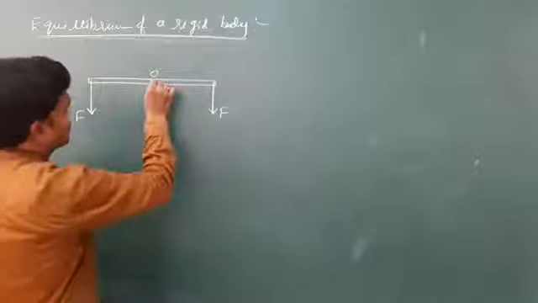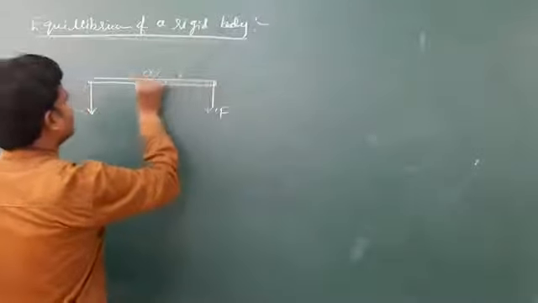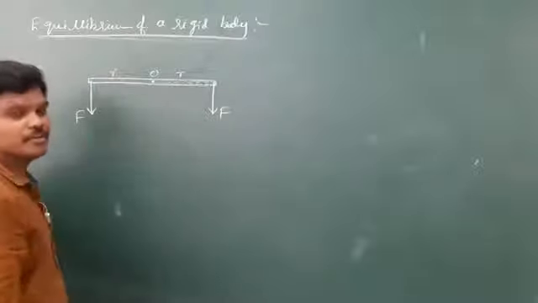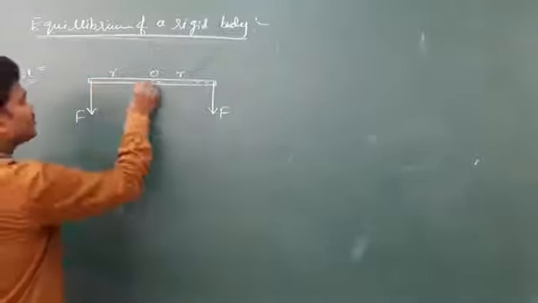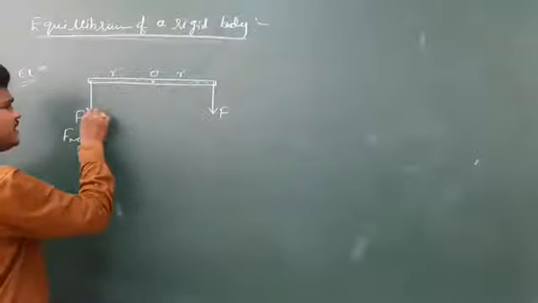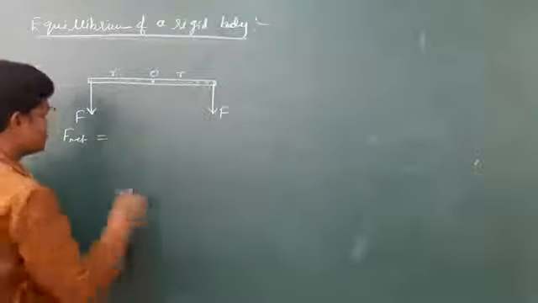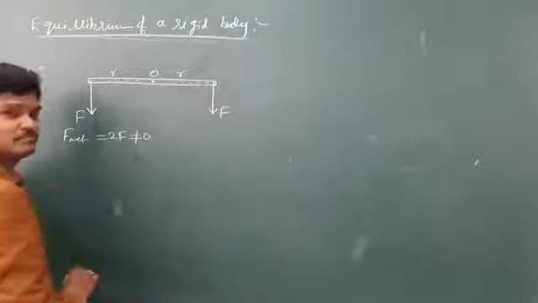Let us suppose from here to here the distance is R. This is also R. O is the midpoint. Here, the net force is F plus F. Both are acting downwards, so it is 2F. No doubt this is not equal to 0.